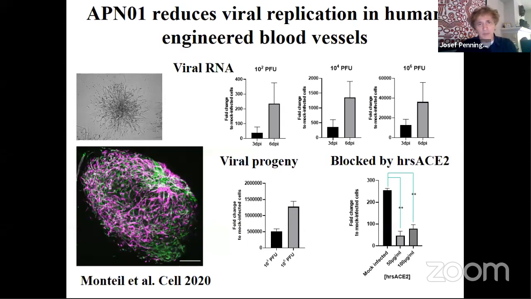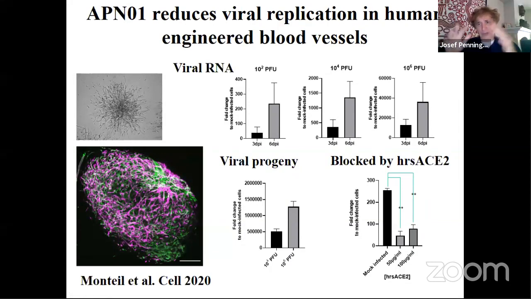But this experiment I find very interesting. Last year, we engineered from stem cells blood vessel organoids, perfect capillaries with endothelium, pericytes, and basal membrane. And so we asked the question if endothelium and blood vessels can be directly infected.